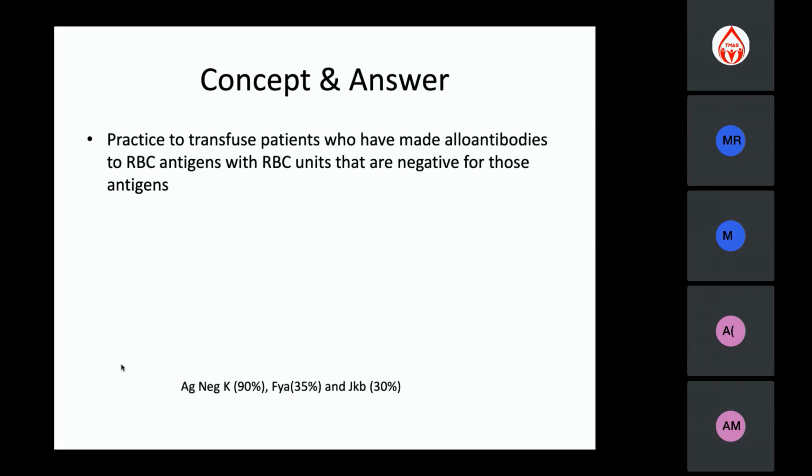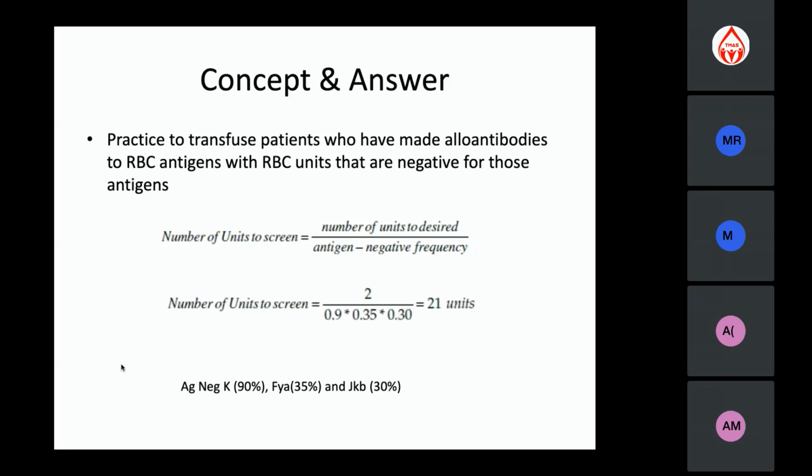The general practice is to transfuse patients with alloantibodies antigen negative units. The formula for estimating the number of units to be screened is the number of units desired, in this case 2, divided by the antigen negative frequencies. So we have 2 units here and we have 3 antibodies here.